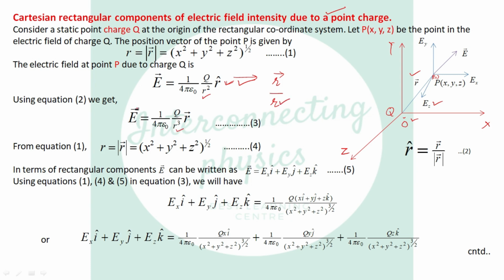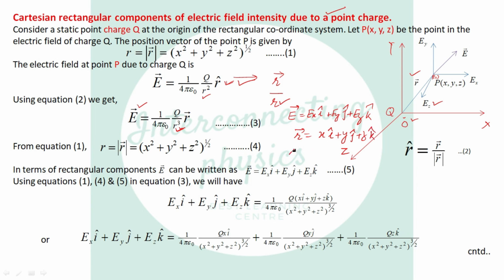Now substitute the value of E vector and R vector and modulus of R. Now you see E can be written as Ex i cap, Ey j cap and Ez k cap. And R vector we write as x i cap, y j cap and z k cap.